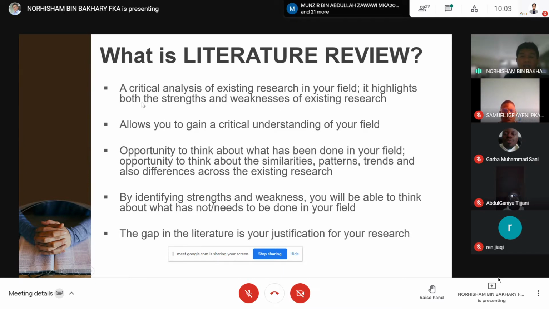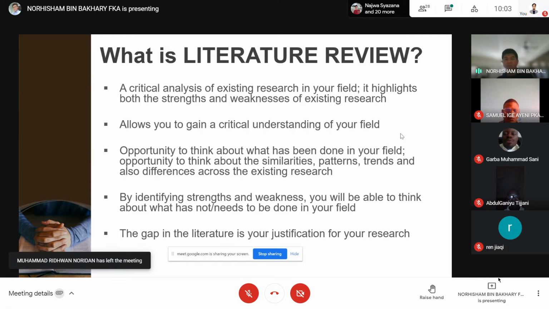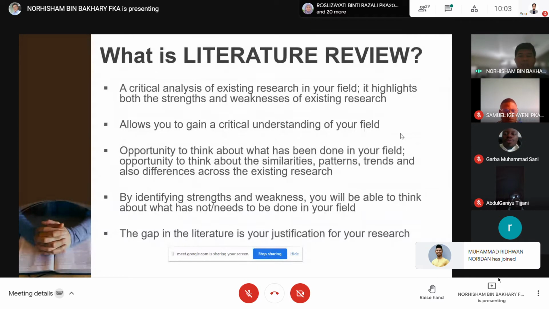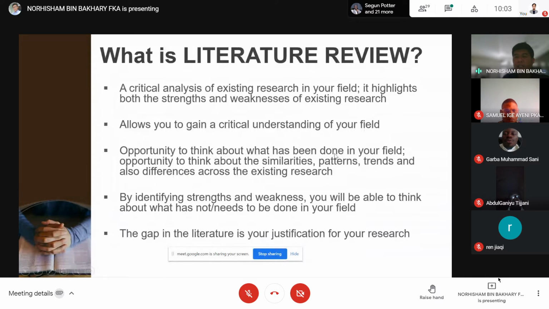The literature review also allows you to gain a critical understanding of your field. As I mentioned just now, when you read more books and 100% understand the paper, you will basically understand your research field. Then number 3, an opportunity to think about what has been done in your field.